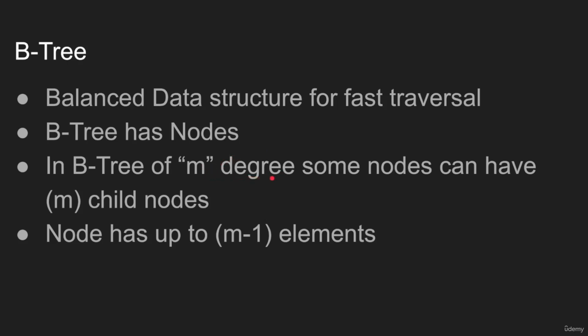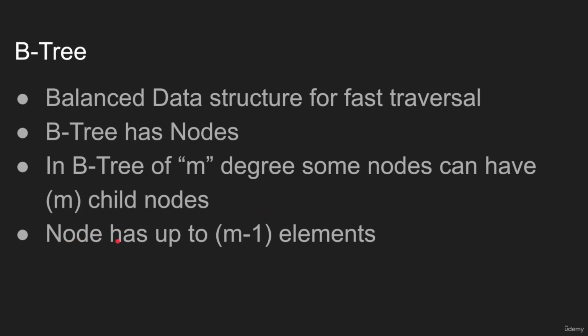So this degree basically corresponds to the number of child nodes each node can have. I said some in this case because not all nodes can have children, and I don't really care about these details. These are all theoretical stuff. We really care about the essence of BTree, to me, the traversal aspect of this node.